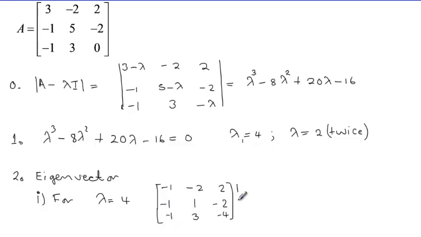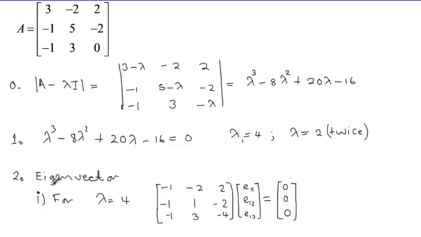Then this is to multiply by a 3-component vector E11, E12, E13, and this must give us a 0 vector, in this case a vector in R3.